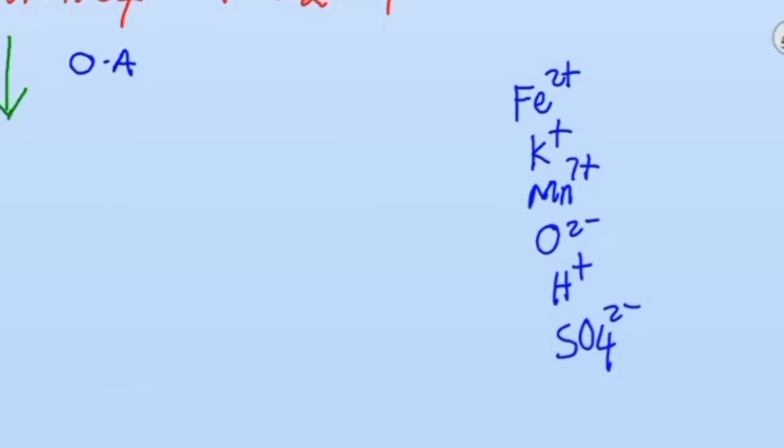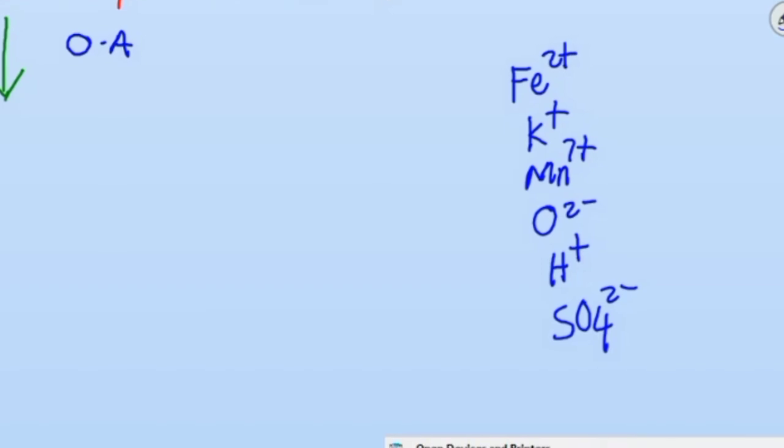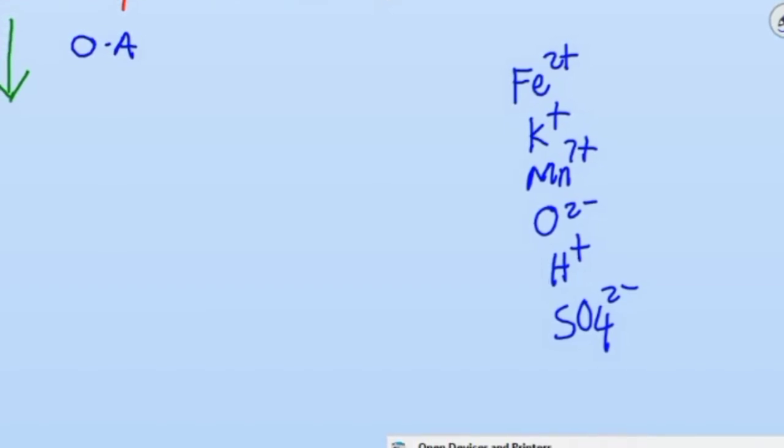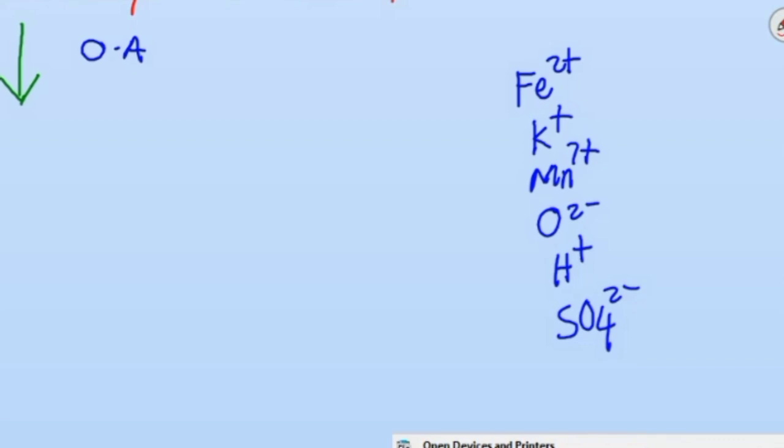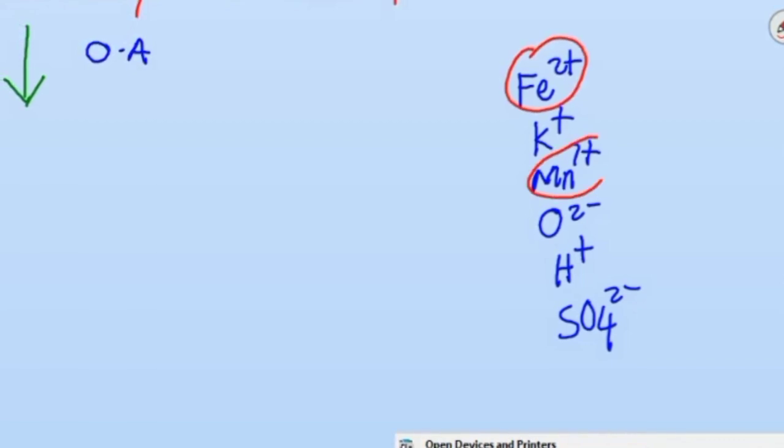So you can see the ions involved there. Of course, only two of them are transition metals. What are those ions? They are iron 2 and manganese 7+.